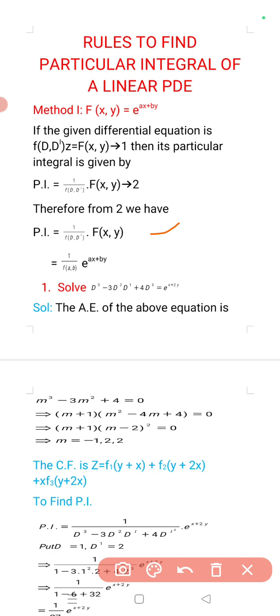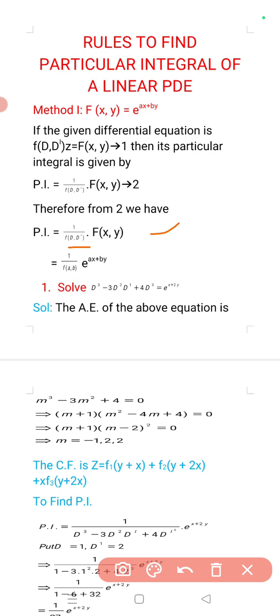In the denominator, there are D and D'. In place of D substitute a, the coefficient of x, and in place of D' substitute b, the coefficient of y.